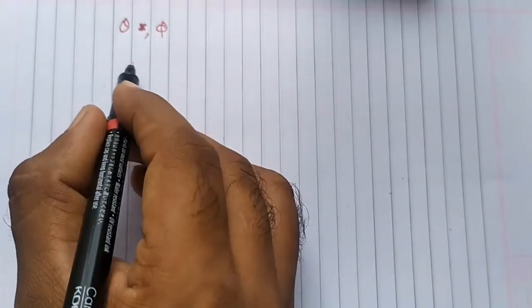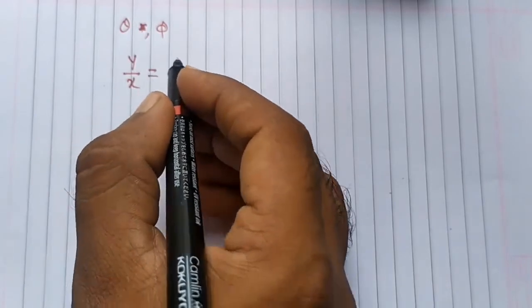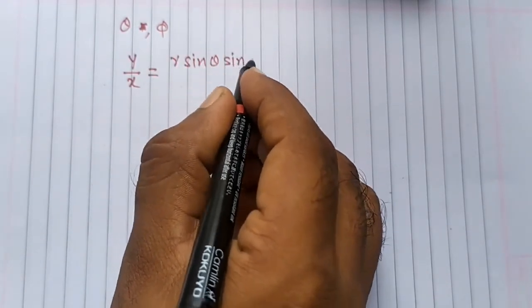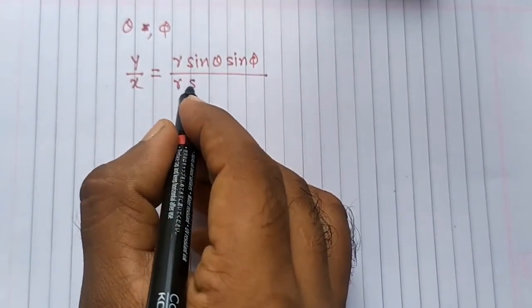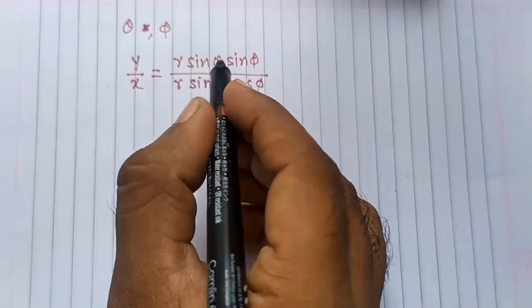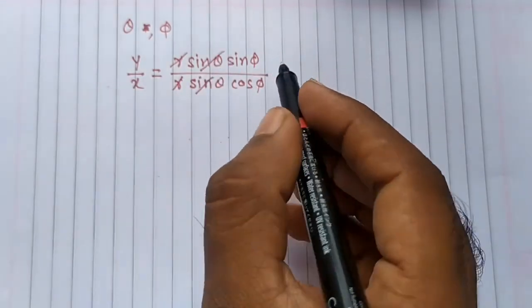So I will take a ratio of y upon x. y was r sine theta sine phi, x was r sine theta cos phi. You can see r gets cancelled, sine theta gets cancelled.